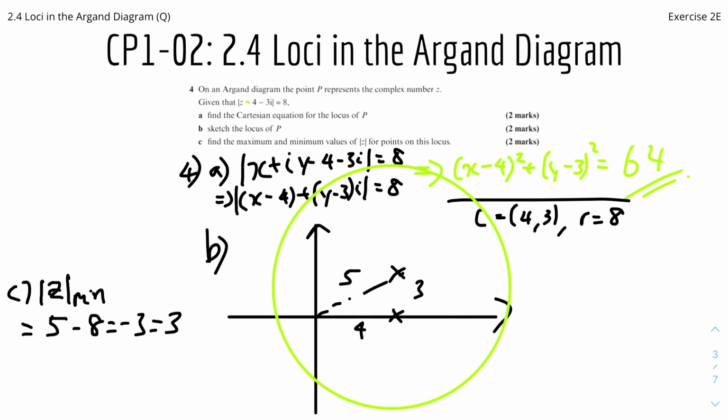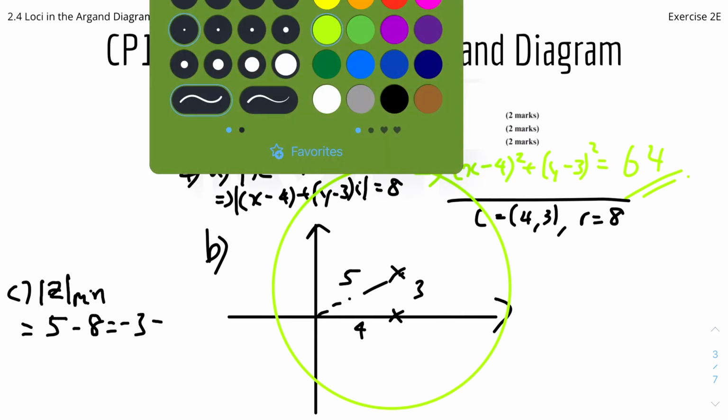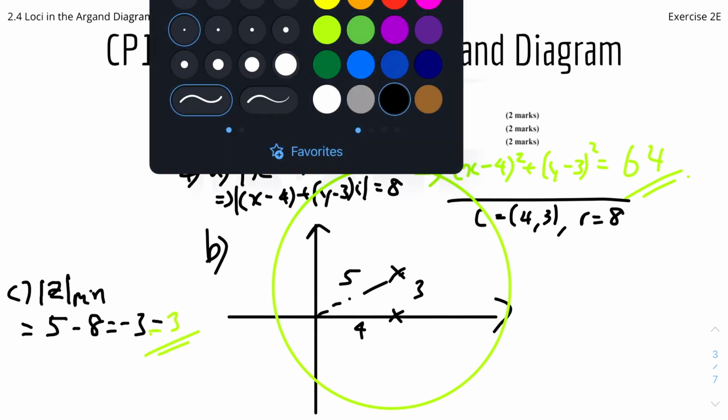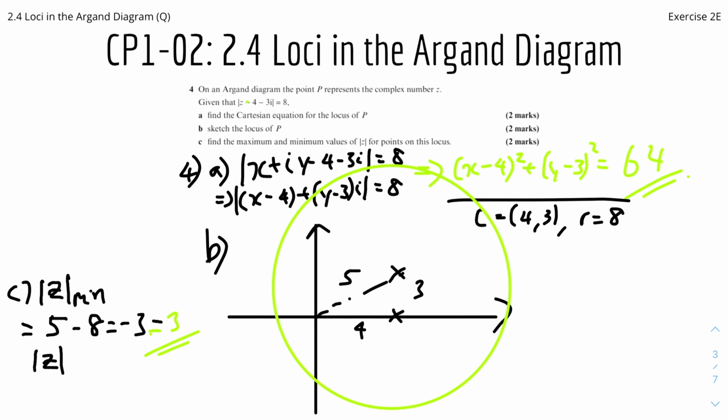Like so. So this will be equal to 3, like so. And the maximum value for the modulus is that max equals 5, basically the center to the origin, plus the radius, plus 8. And therefore this gives us 13, like so.